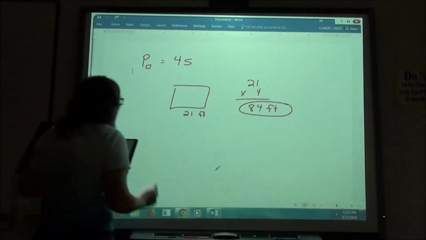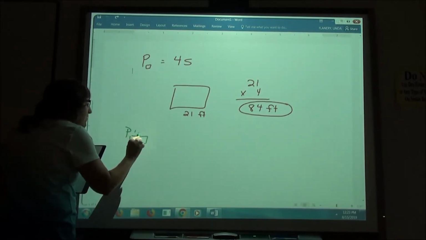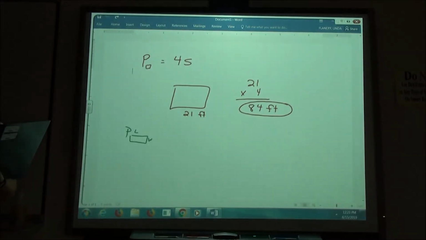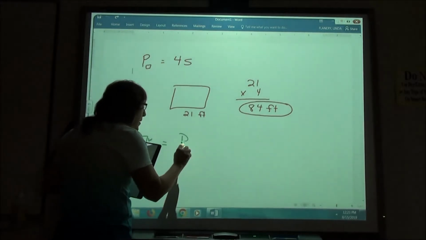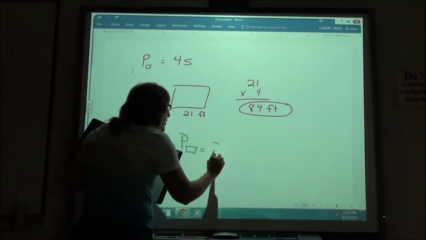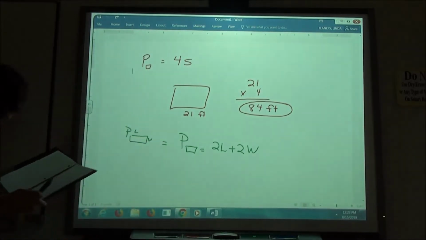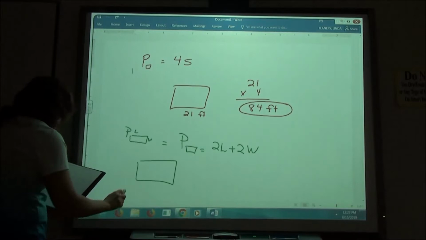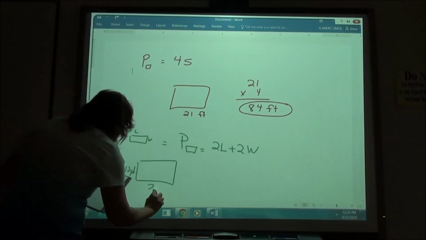Once I get to a rectangle, perimeter of a rectangle, we have the length and the width. You'll notice on the rectangle, you have 2 sides that are lengths and 2 sides that are widths. So your formula to find perimeter of your rectangle, 2 lengths plus 2 widths. My rectangle that she has here happens to be 12 yards by 21 yards.